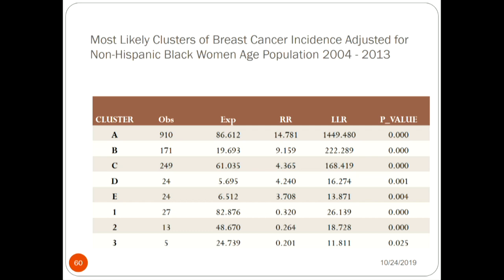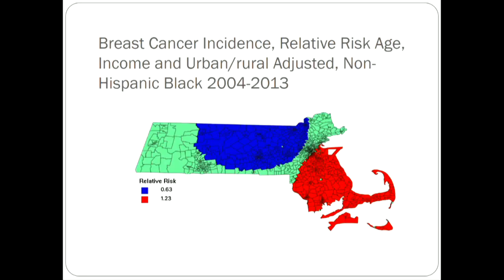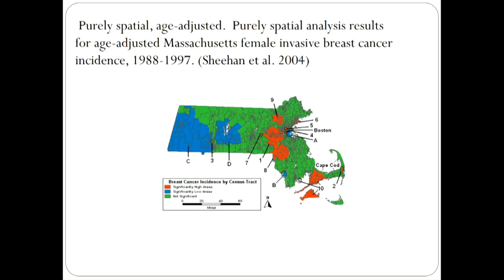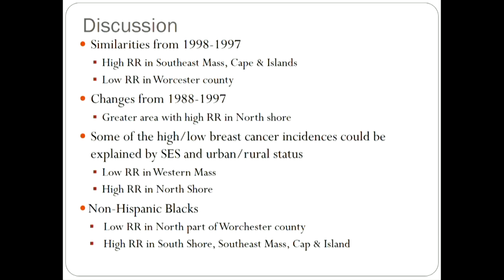So this median income for the Black women and Black families needs to be improved later on. That's why this map looks like the lower rate is for quite a large area if I adjust the relative risk for the income for the non-Hispanic Black women here.